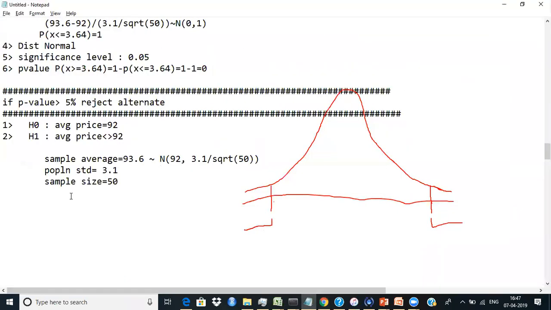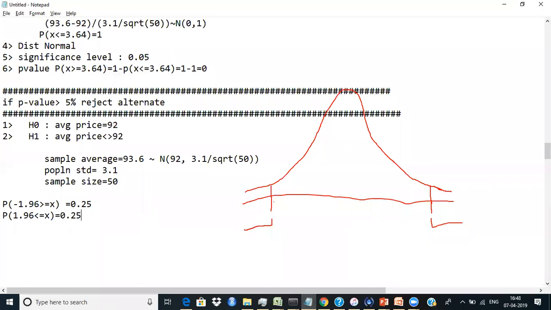So going back, we know in a standard normal scenario, the probability to the left of minus 1.96 is 0.025. Make sense? So the probability to the right of 1.96 is also 0.025.